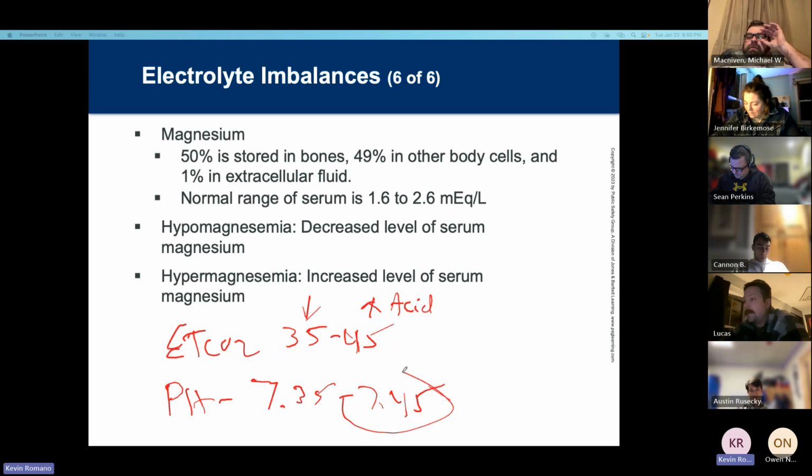All right. So hypermagnesemia, increased levels of serum magnesium, almost always occurs as a result of kidney insufficiency, kidney failure.